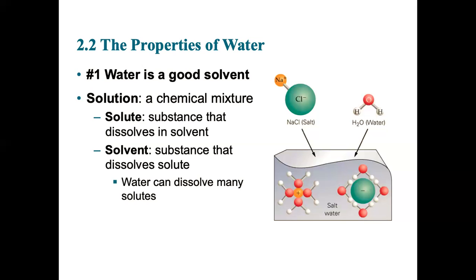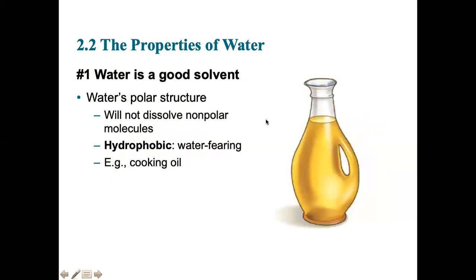We are talking about the properties of water. So another thing is, if you have something that isn't polar, so it doesn't have that slightly positive and slightly negative charge, water doesn't mix well with it. So we already know oil and water don't mix.